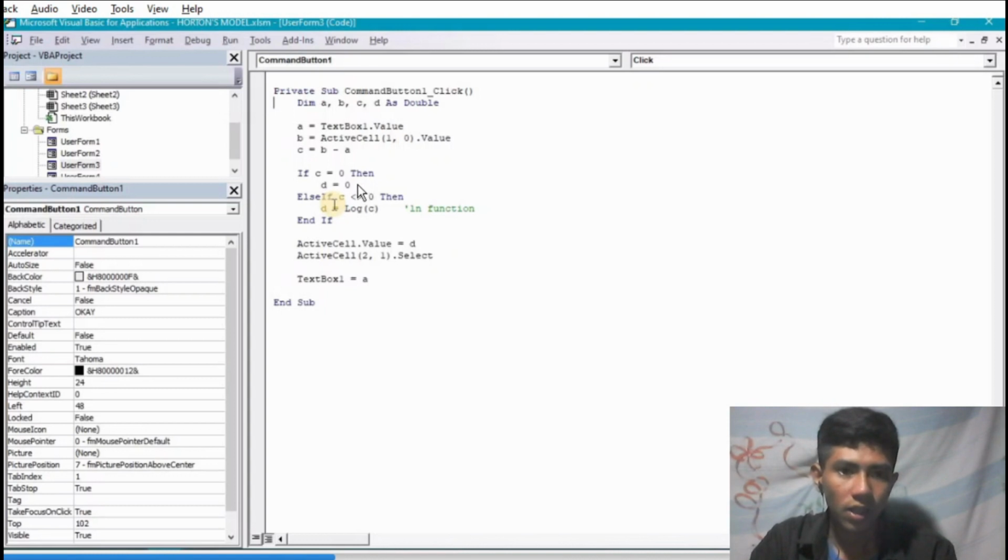The thing that functioned as ln was coded as log, then open parenthesis, the number or the value that you want the natural log of. You get the natural logarithm. It means the Log code in VBA is equal to the ln function. Okay, you must remember that. Okay, proceed. We're almost done.